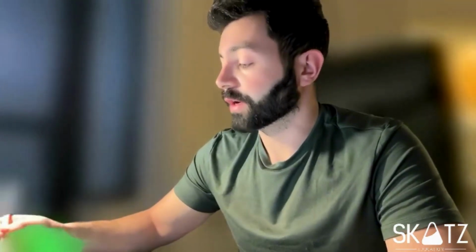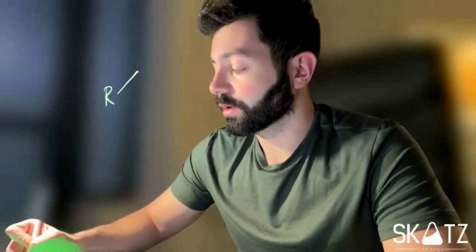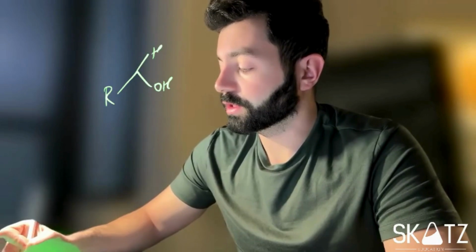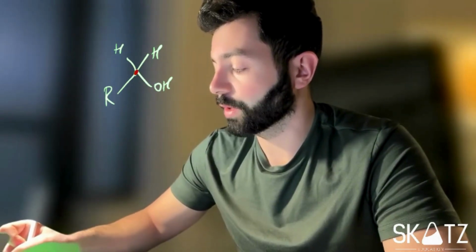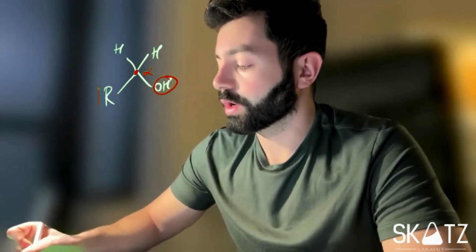You should be familiar with primary, secondary, and tertiary alcohols. So the trend is very common in other chapters that you've learned in organic chemistry. So this would be a primary alcohol. Why? Because the alpha carbon, which has the OH group attached to it, has 1 R group.